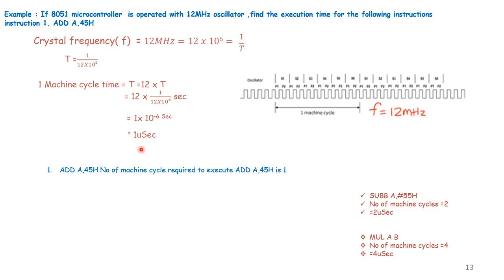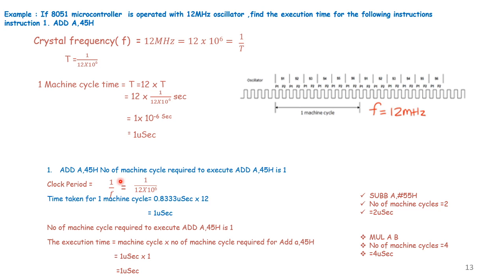For finding the execution time for the ADD instruction, these things will be common as we explained here. The number of machine cycles required to execute the ADD instruction is 1.